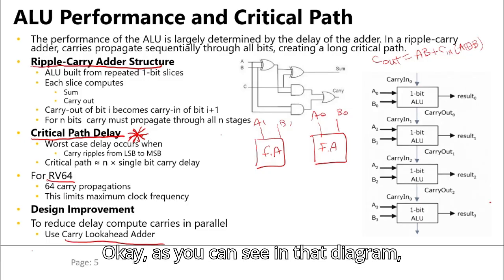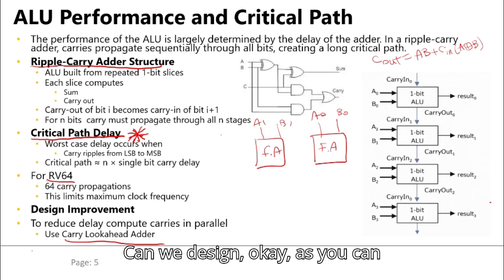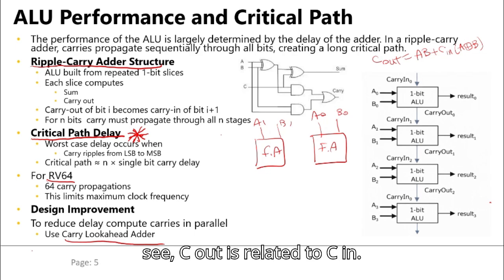As you can see in that diagram, this carry out is AB, or C in with A XOR B. So C out is related to C in.